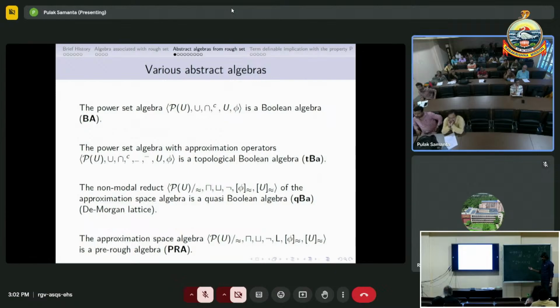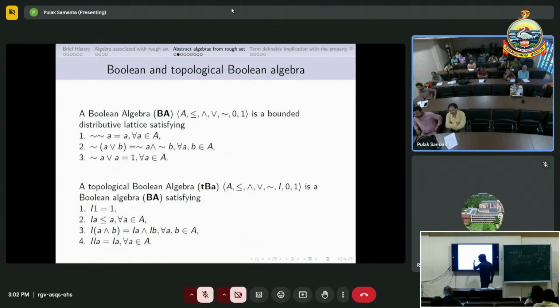We can easily check that this implication satisfies this property. Negation. If this is 1, then in Boolean algebra we have the law of excluded middle.